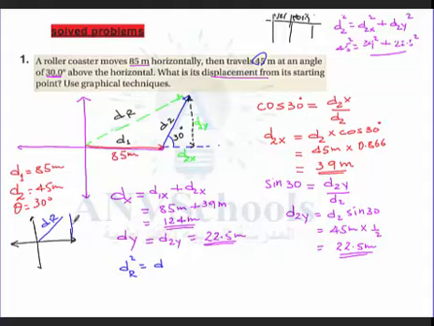This is the angle that the resultant displacement makes with the positive x-axis, that's theta. So dr square is the same as dx square, the total displacement along x, plus dy square, the total displacement along y. Taking the square root, dr is equal to the square root of dx square plus dy square.